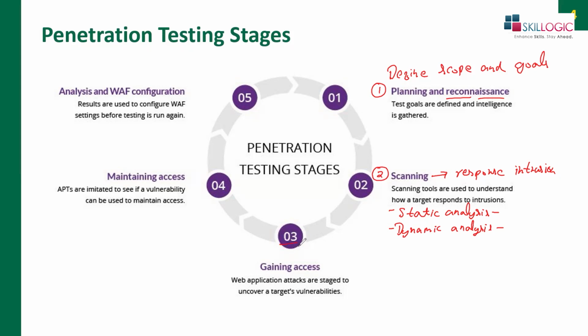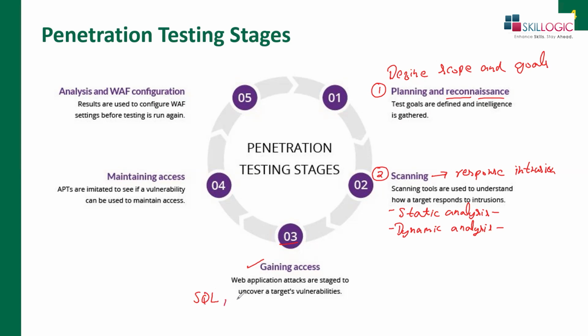Then your third step is gaining access. In this stage, we will try to gain system access. Here we'll use web application attacks, SQL injection attacks, and backdoors.